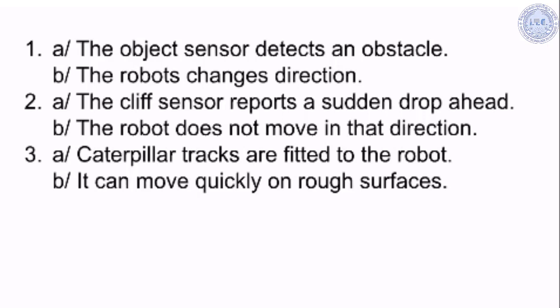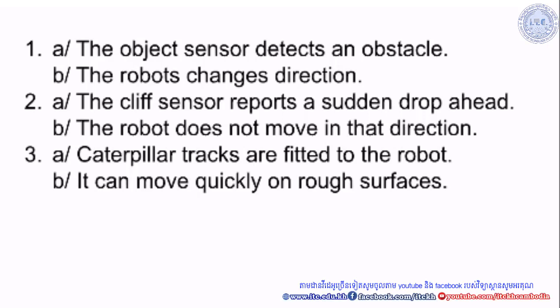Now see this example. Examples 1, 2, and 3, and the sentences are separated. The first one: A, the object sensor detects an obstacle. B, the robot changes direction. 2: A, a cliff sensor reports a sudden drop ahead.